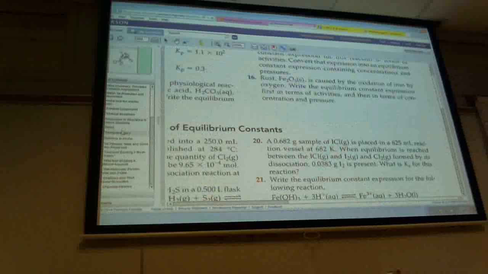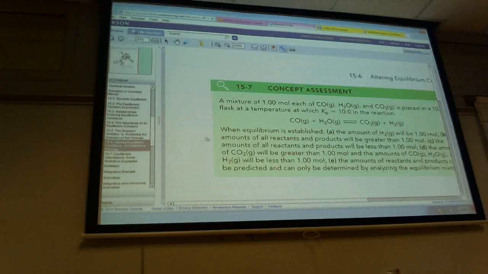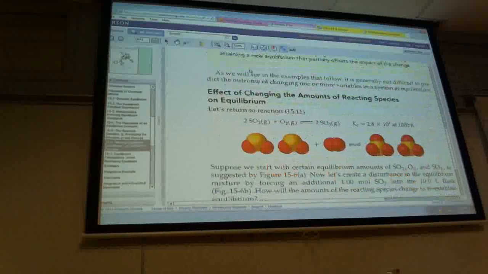The next question involves something called Le Chatelier's principle. Just take a look at this.